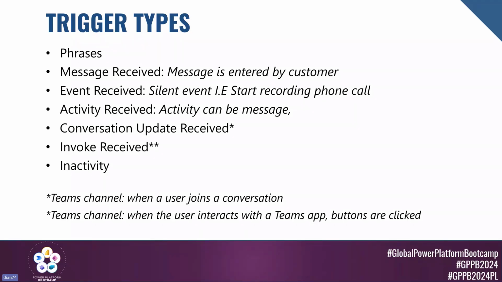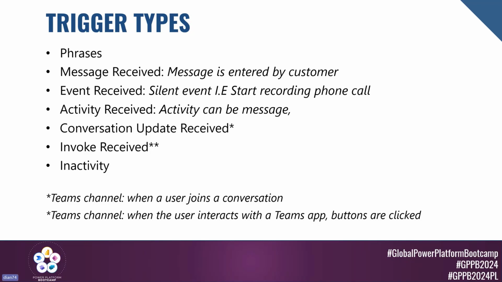Copilot Studio is also going to have an IVR, which is basically a voice bot. So then we can say, if something happens, a silent event, like the start of a recording of a conversation, then we can route the bot somewhere else, tell it to do something else. Or if there's an activity that is received, and that activity obviously can also be a message or other things as well.